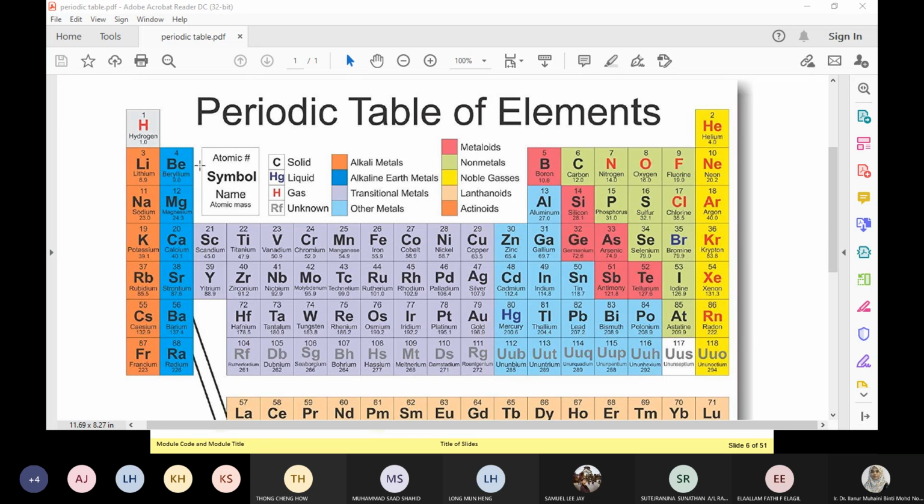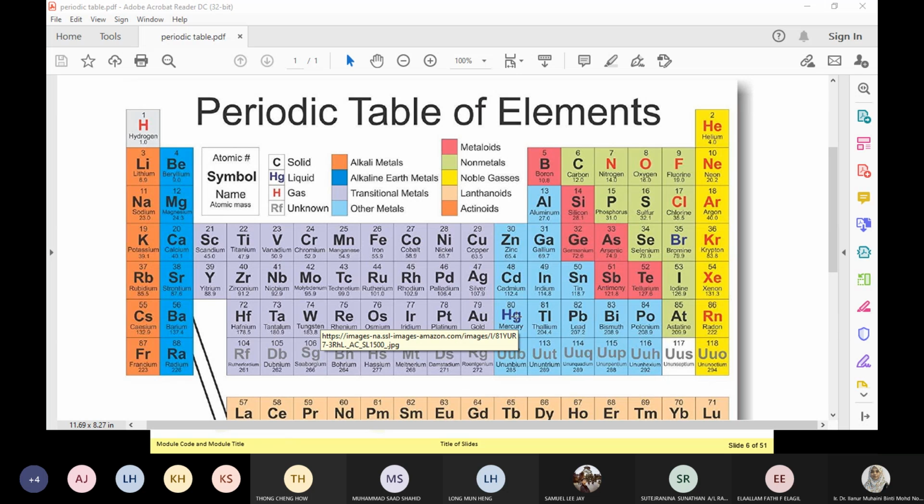Proton no need to calculate. Proton is the same with the atomic number. No need to calculate. Later I ask also don't know. How much is the proton of mercury? Okay, mercury is here, the only different color, purple.